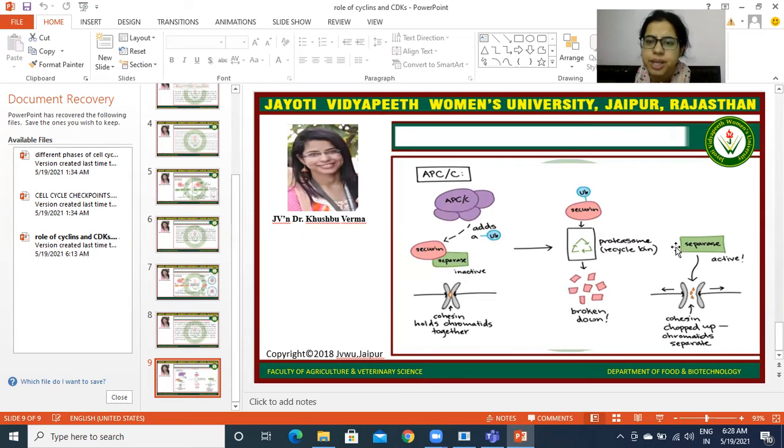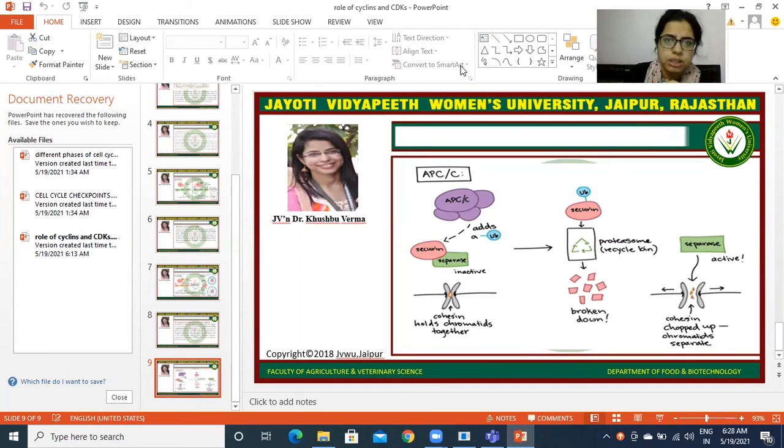This activated separase now degrades or chops off the cohesin, which is responsible for the binding of sister chromatids of a chromosome. So when it is chopped up, these two sister chromatids are separated from each other. That's how the anaphase promoting complex does its work.